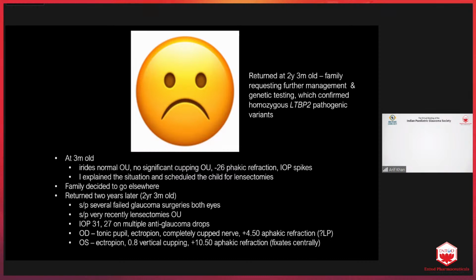We did genetic testing when they returned, which confirmed, of course, the LTBP2 pathogenic variants. Had we done this testing in the very beginning, perhaps we could have convinced the family of the nature of the diagnosis and the need to remove the lenses from the beginning, and had a much better outcome for this child.